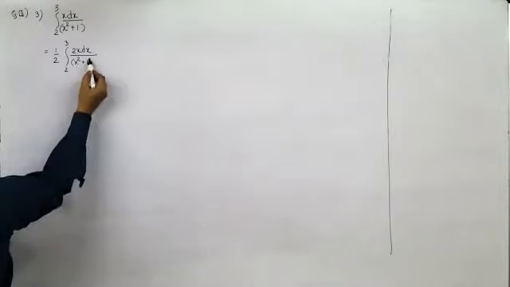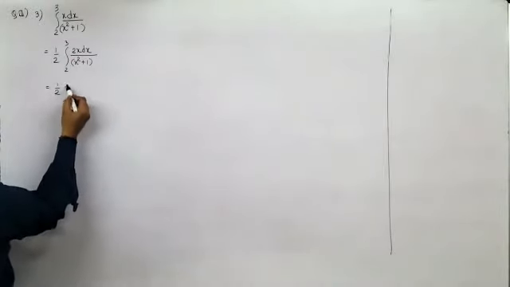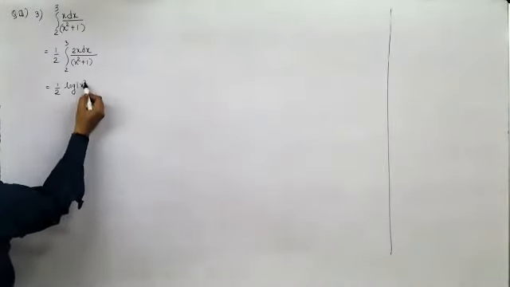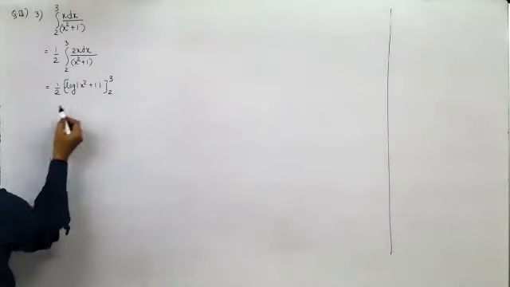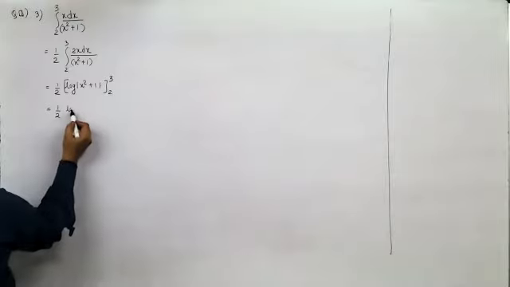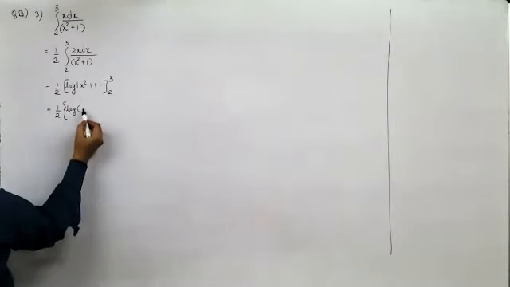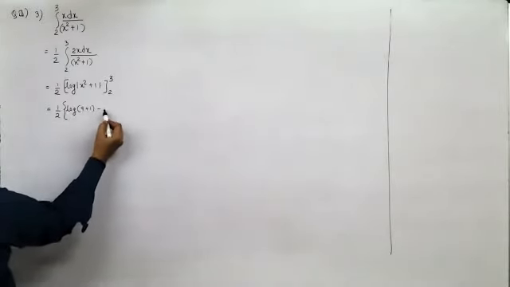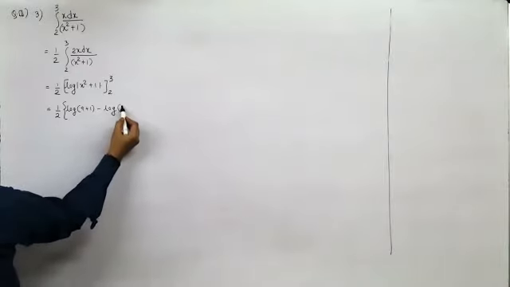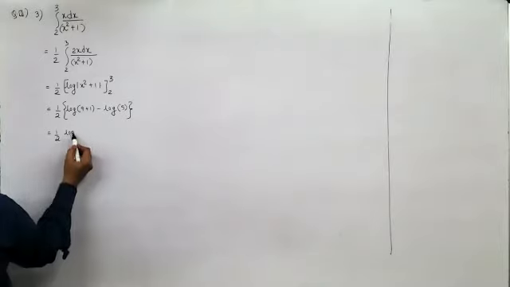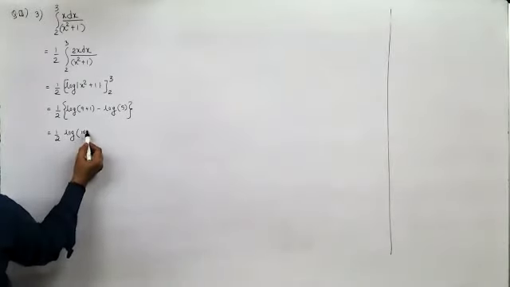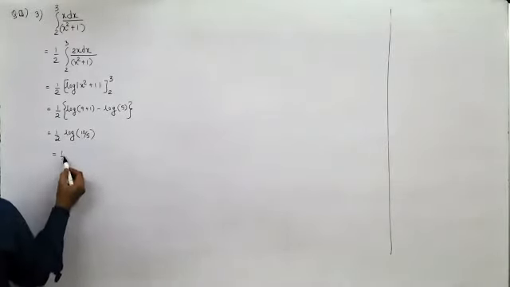The derivative of the denominator is the numerator, so I'll get half of log of x square plus 1. Between 2 and 3, half of log of 3 square, 9 plus 1, minus log of 2 square, 4 plus 1. So this would be half log of 10 upon 5, that is 2. So this answer is correct.